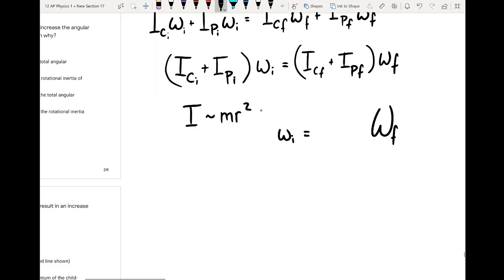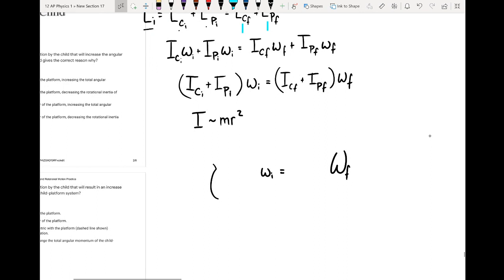If we have to have this equality, then in order for that to happen, our moments of inertia have to be big in the beginning. It has to be larger in the beginning than it is at the end to keep this constant. If we want to increase our angular velocity, we have to decrease our moments of inertia to make sure that angular momentum is conserved.